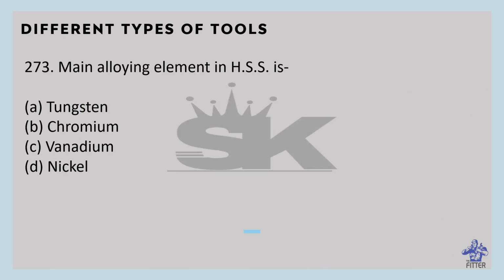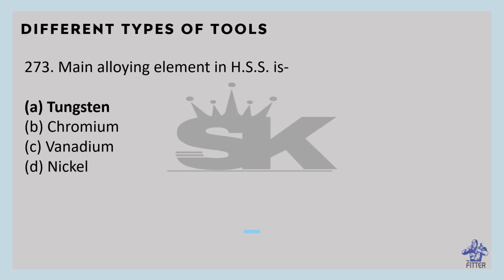The main alloying element in HSS, high speed steel, is tungsten. The alloying elements in high speed steel are tungsten, chromium, and vanadium.